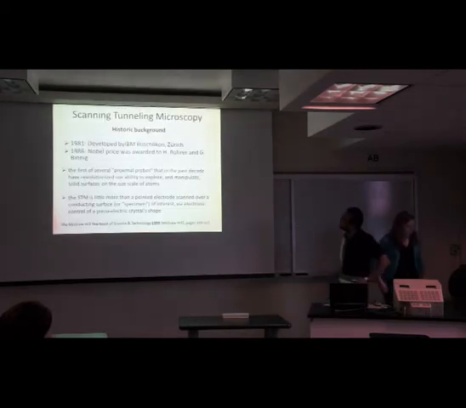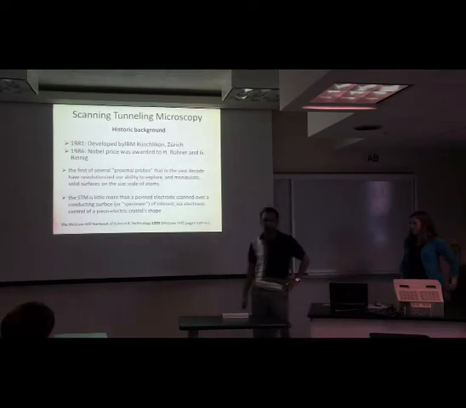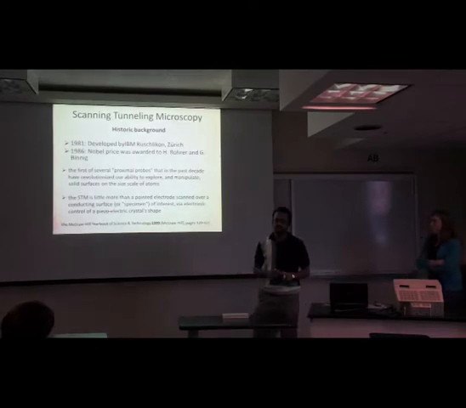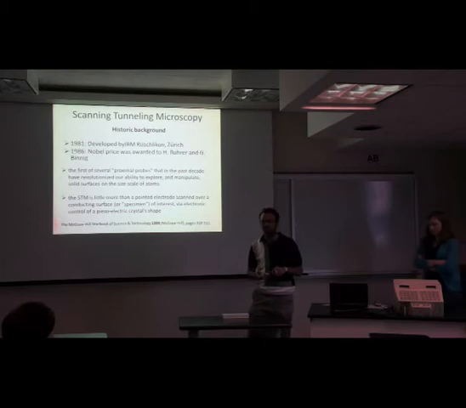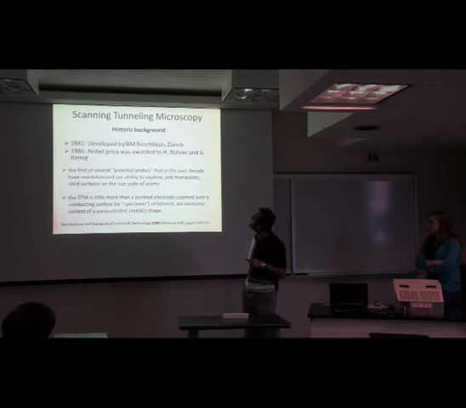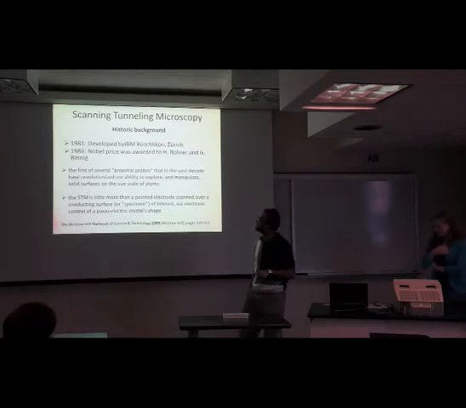Thanks. So another kind of probe technique is scanning tunneling microscopy. It is similar to AFM, we can say. It's a kind of probe technique, but there is a little bit of difference. In 1981, the IBM employees Binnig and Rohrer discovered this technique, and they got the Nobel Prize for it.